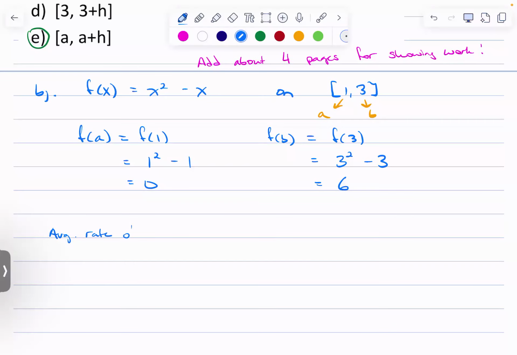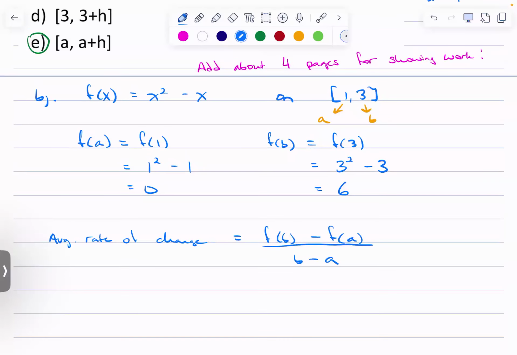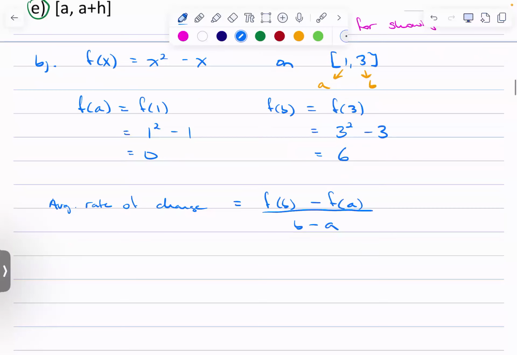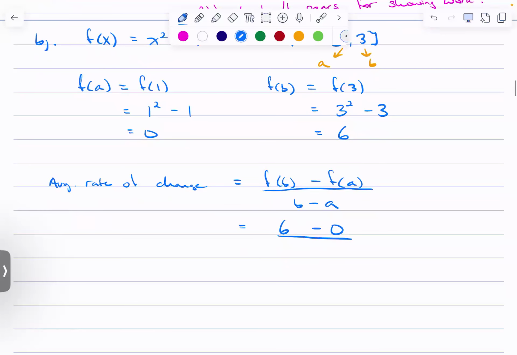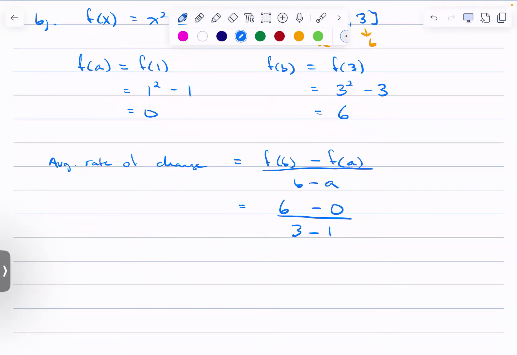Average rate of change using the function notation f of b minus f of a over b minus a. Notice how I like to jot down the generic formula and then plug it in, because now it's just plug and chug. 6 minus 0 over b, which is 3, minus a, which is 1.